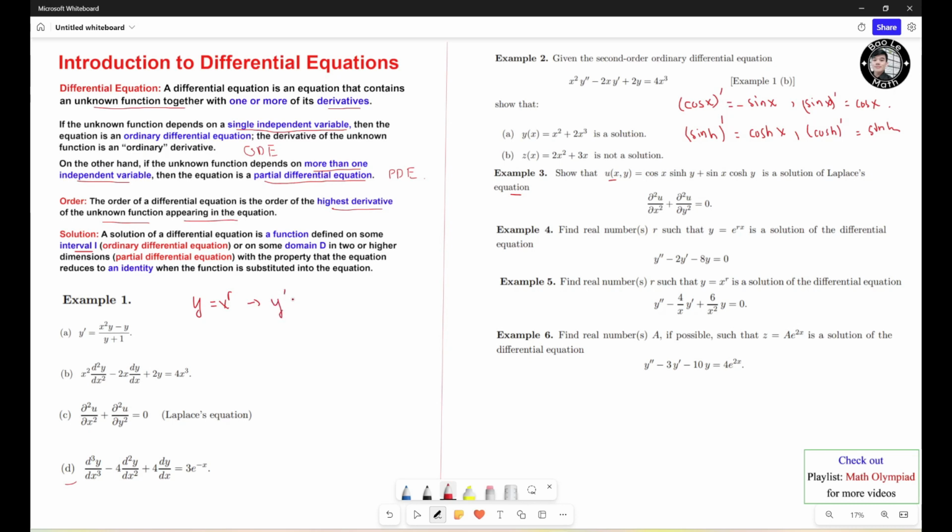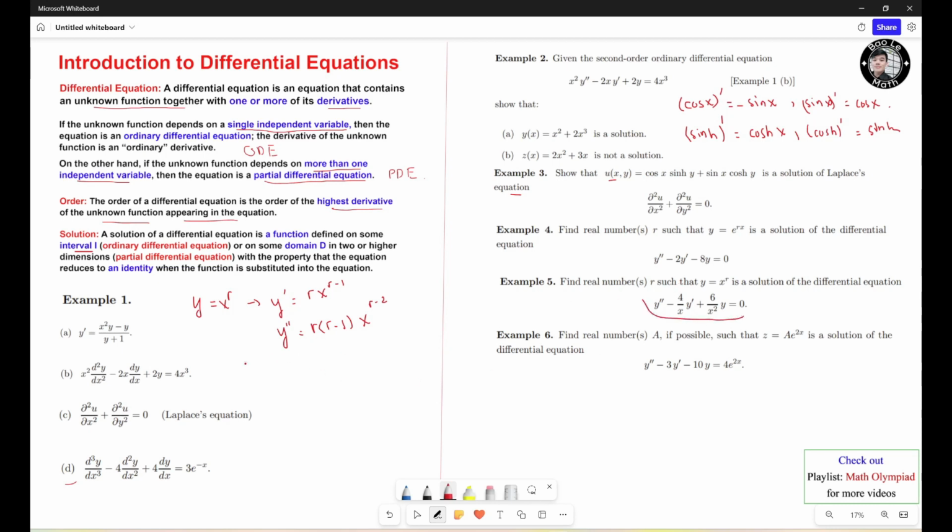So y prime should be equal r s to the r minus 1. Second derivative, it should be r times r minus 1 times s to the r minus 2. Alright, and we substitute this into this equation right here and we solve it.